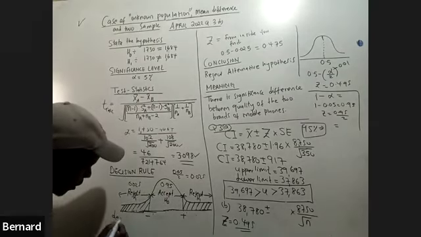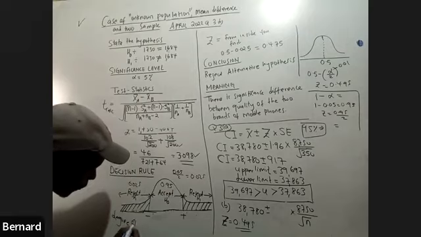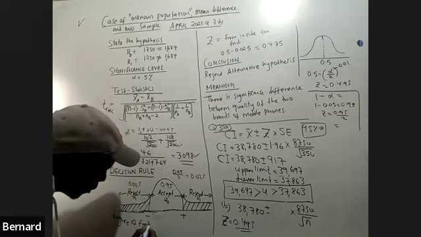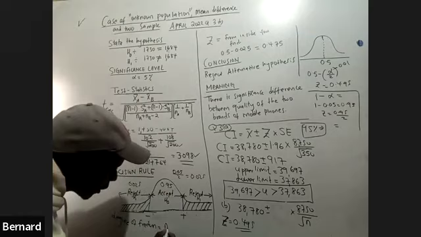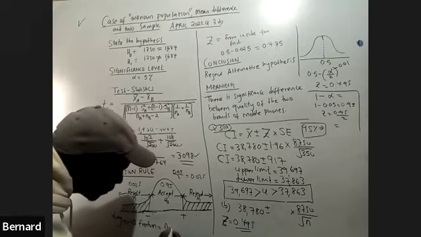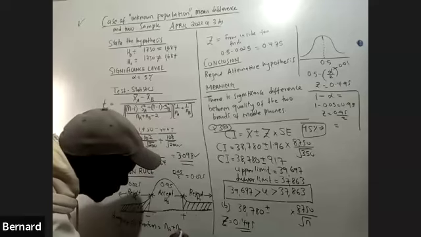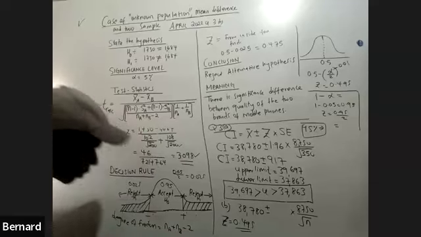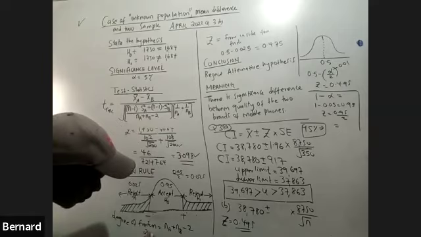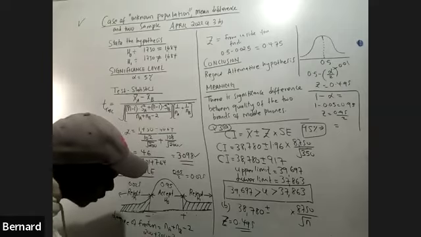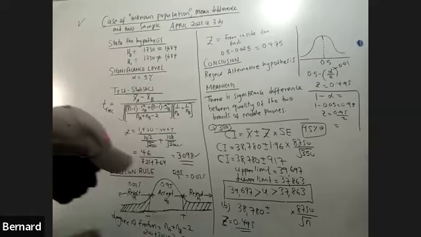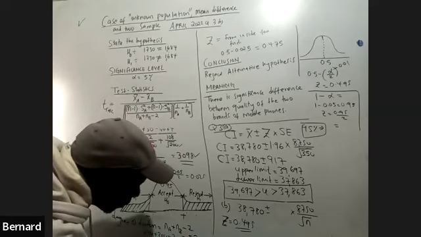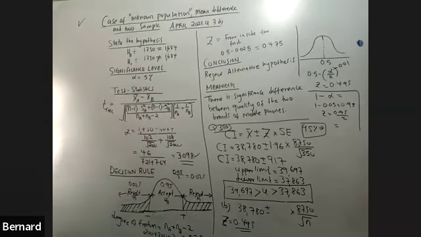Then ifanyie hapa degree of freedom. In this case, itakuwa ni na plus nb minus 2. Hiyo ni kumaanisha ni 200 plus 200 minus 2, which is 578.